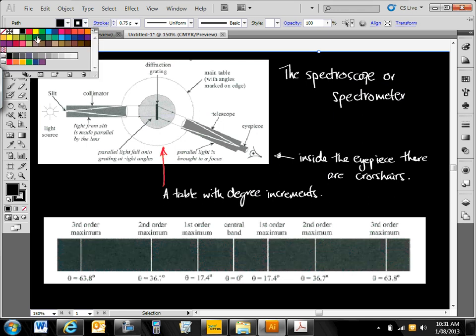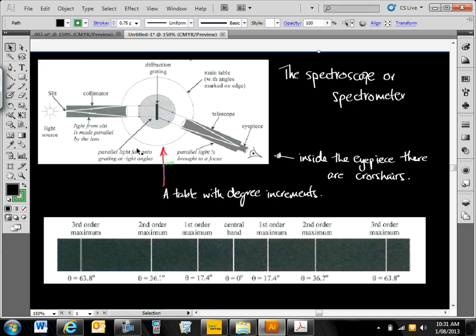Imagine this is the view in your eyepiece. I can't draw circles, can I? If you're looking through the eyepiece on the straight through position, this area here is what you would see.